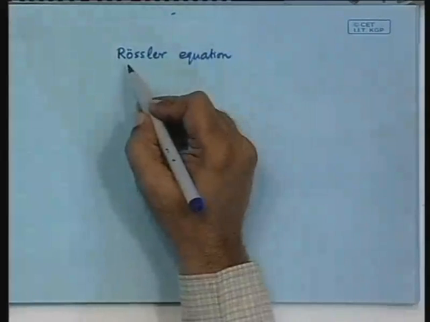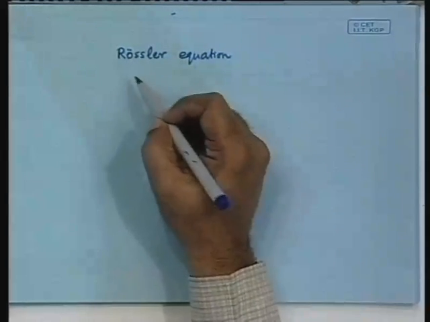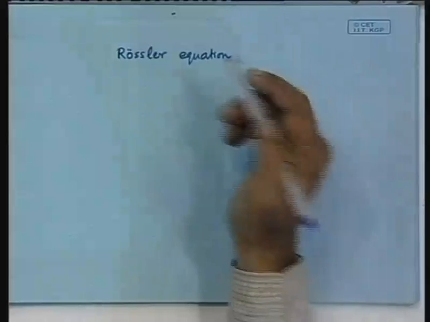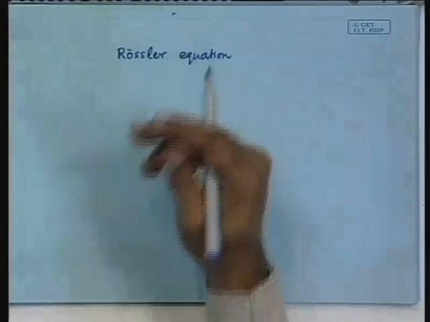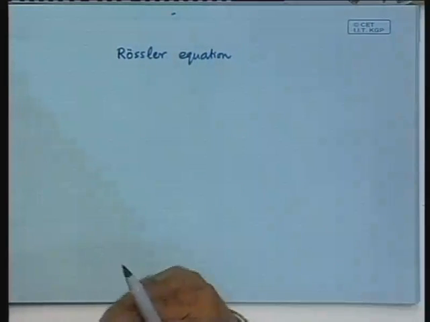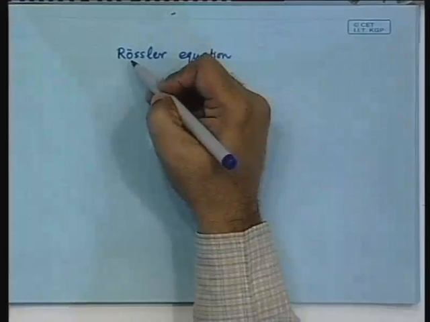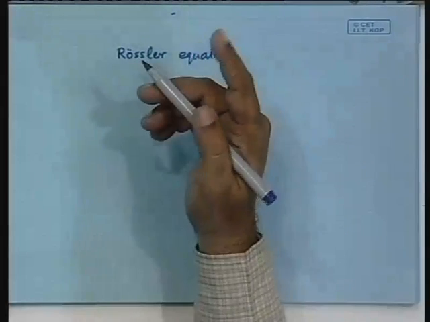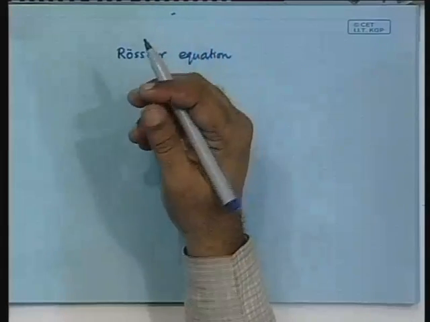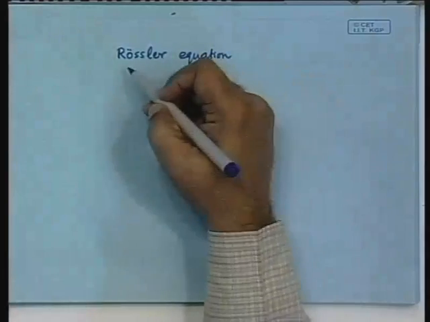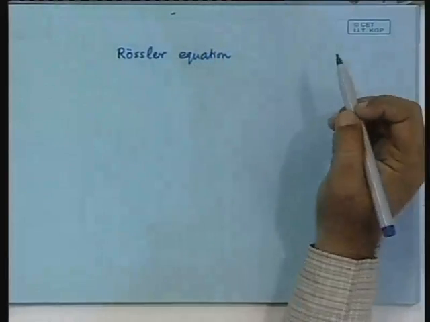This is the German pronunciation. You will have to make your mouth look as if you are trying to pronounce O, but you will actually pronounce E. So, it will make that O umlaut kind of sound. It is Roessler.